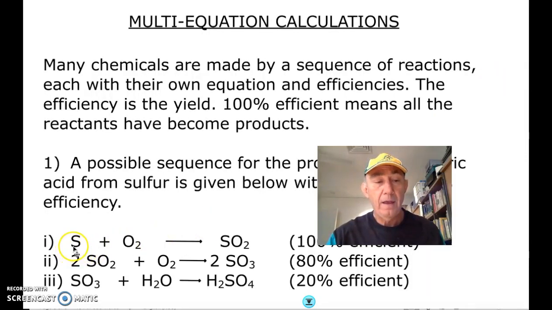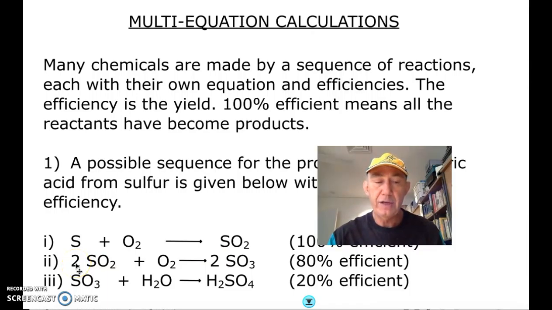So if I had started with 1 mole of sulfur, my equation tells me that I would make 1 mole of sulfur dioxide. So I assume I finished this reaction with 1 mole of sulfur dioxide. And now I start my second equation. If I start this with 1 mole of sulfur dioxide, I should make 1 mole of sulfur trioxide.